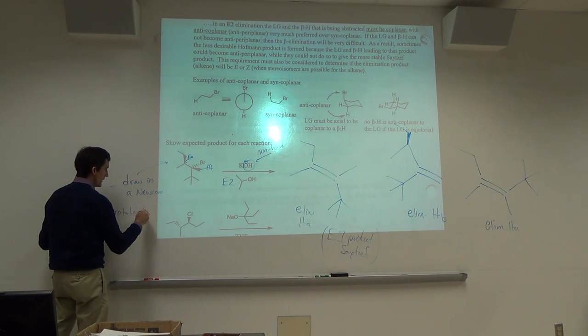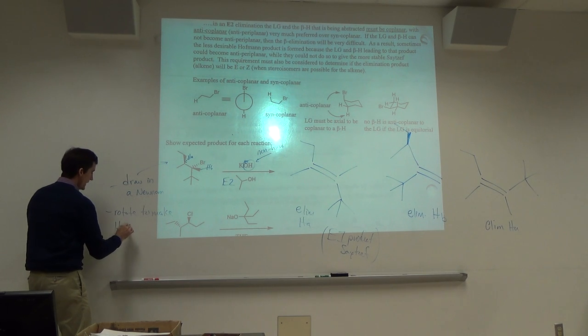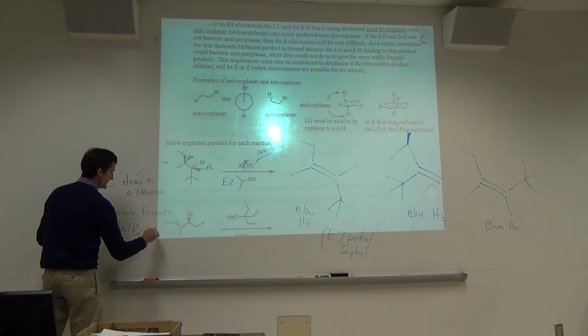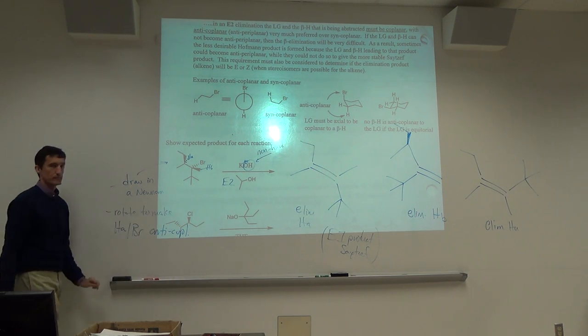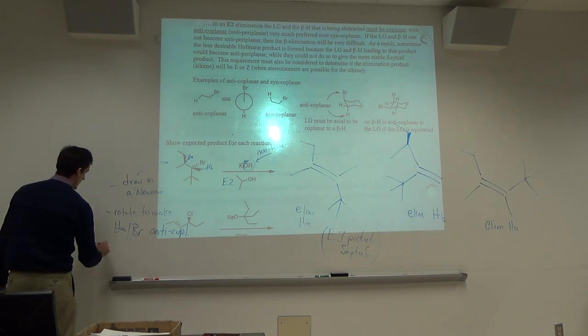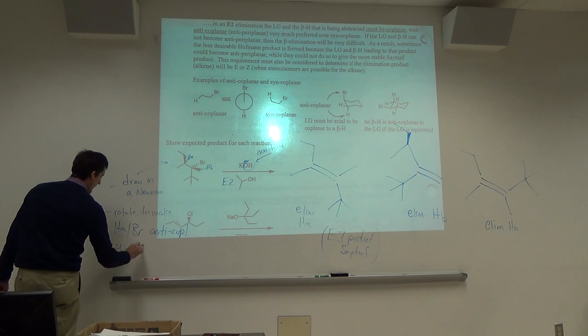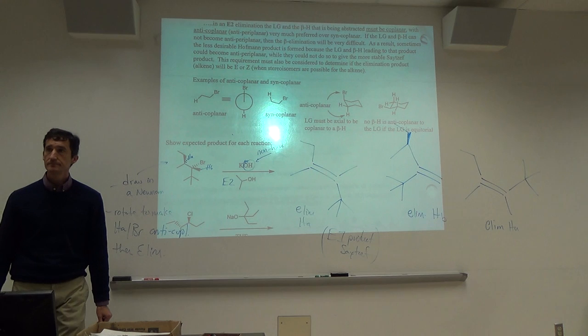Rotate to make HA and the leaving group anticoplanar. Then you will eliminate.